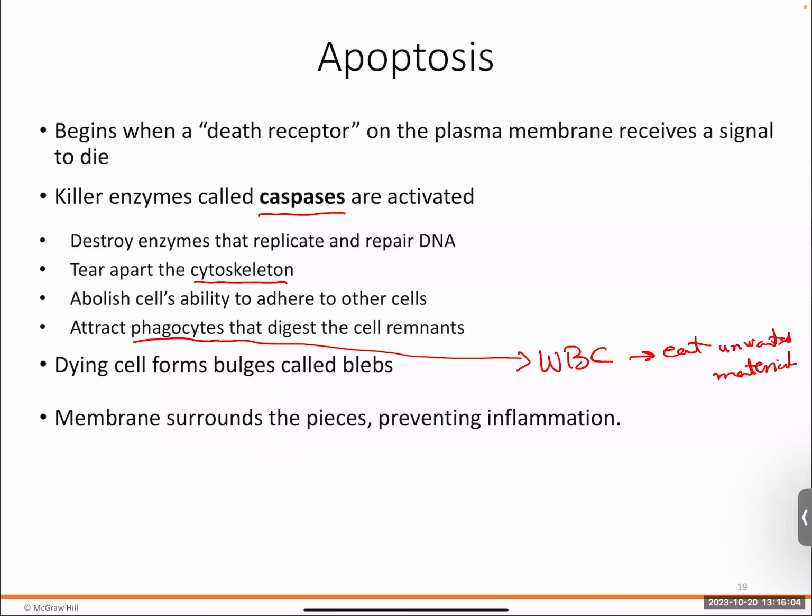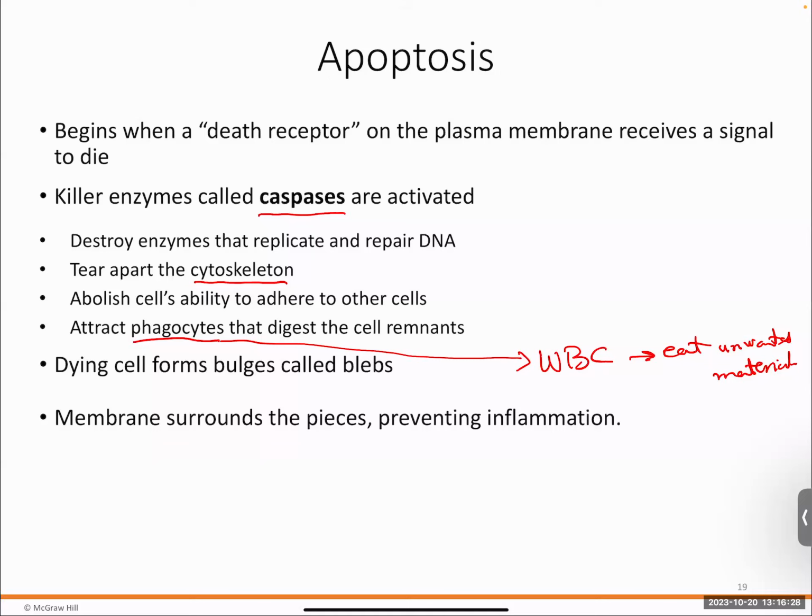Now, as this process is undergoing, as the phagocytosis and the white blood cells are eating the cell and pulling it apart, you actually form these little bulges called blebs. And blebs are very important because they are surrounded by a plasma membrane.